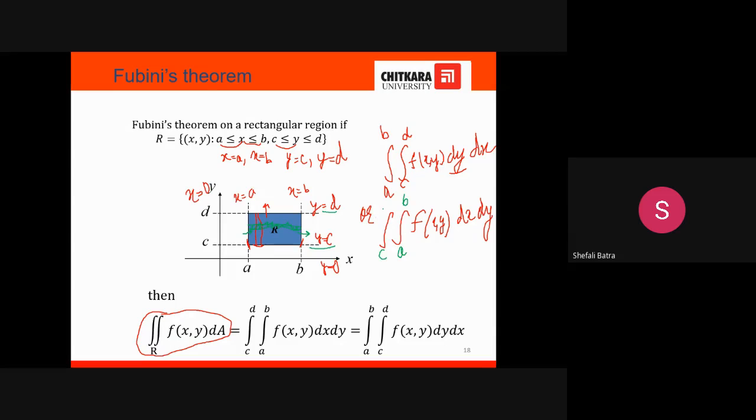This is the first case when both limits are constant. And keep this in mind: whenever both limits are constant, it means the region is definitely rectangular or square. Right? Is it clear? Any doubt? Okay.